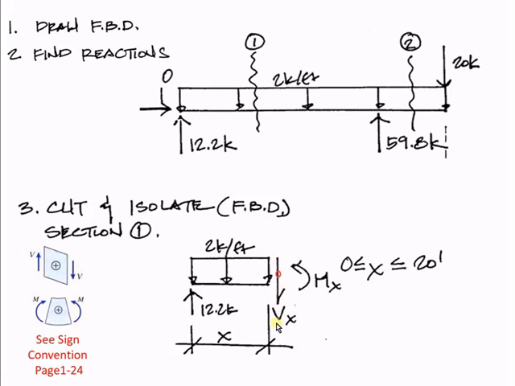Why is that? On the first page of your handout I showed the sign conventions. Based on the loading direction, any force acting up is positive and any force acting down is negative.